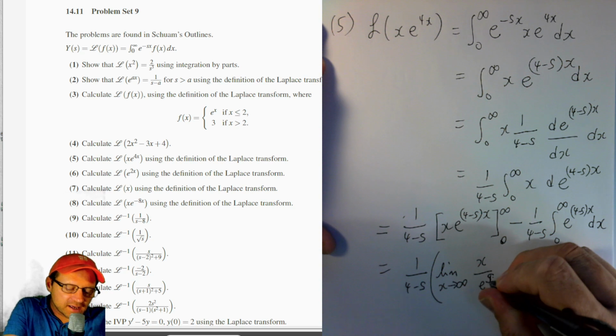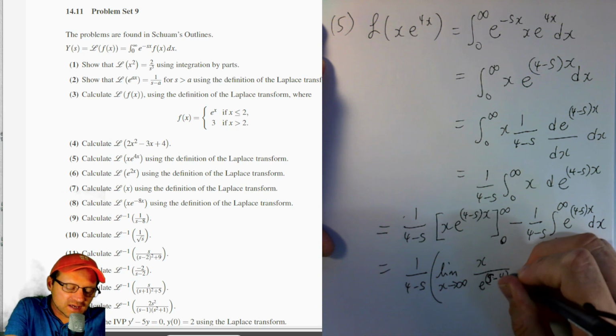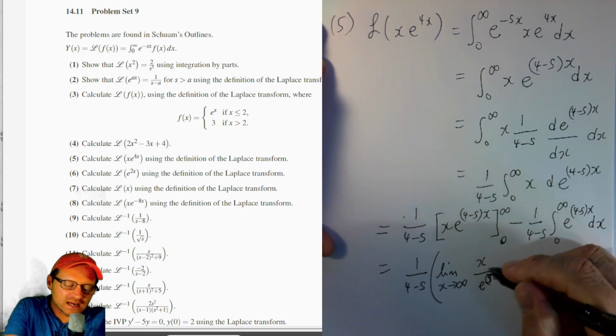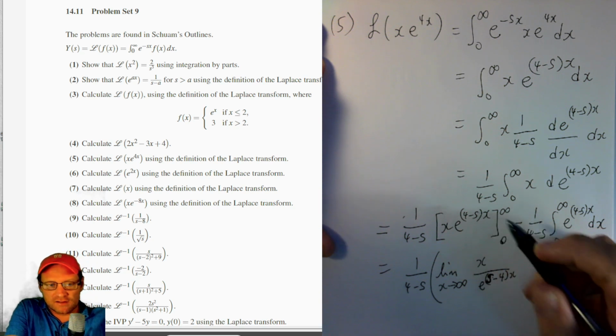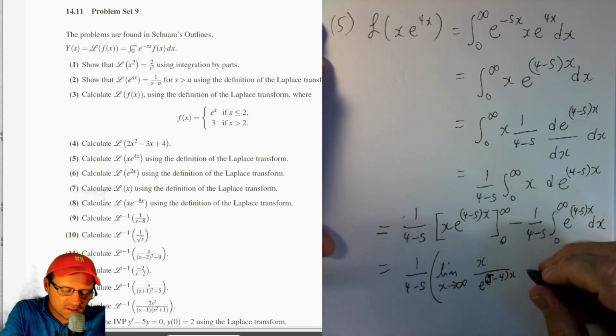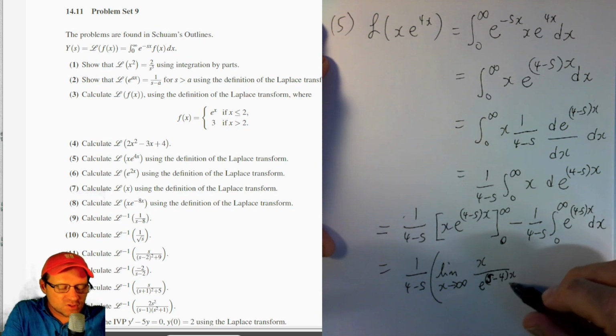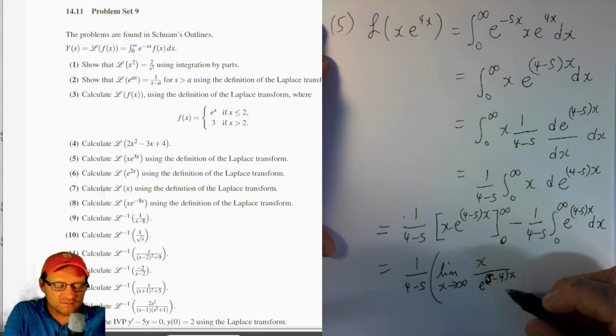So let's write s minus 4 brackets x there. So I've taken that down to the denominator, and when I do that, I need to change the sign of the exponent, but that swaps around the order of this difference. Okay, and now I'm doing this under the condition here that s minus 4 is positive.